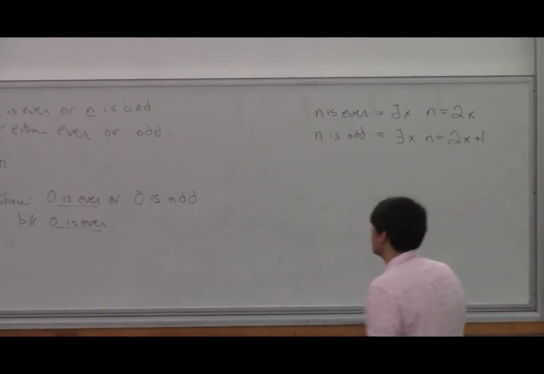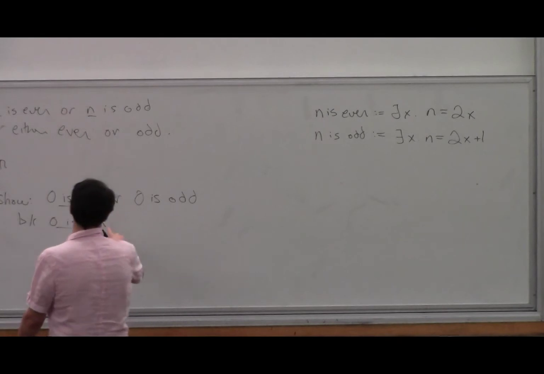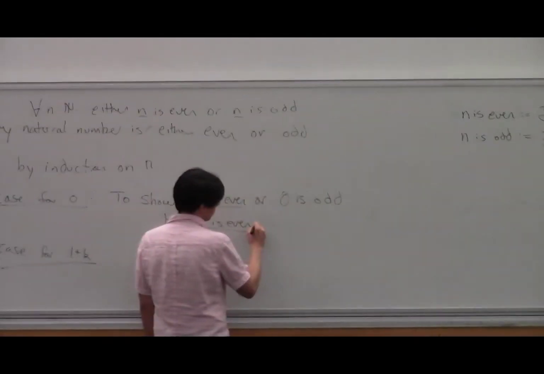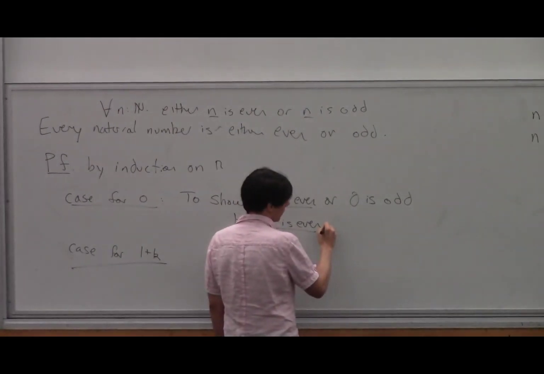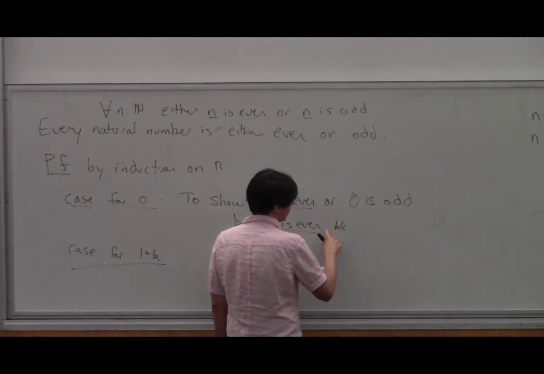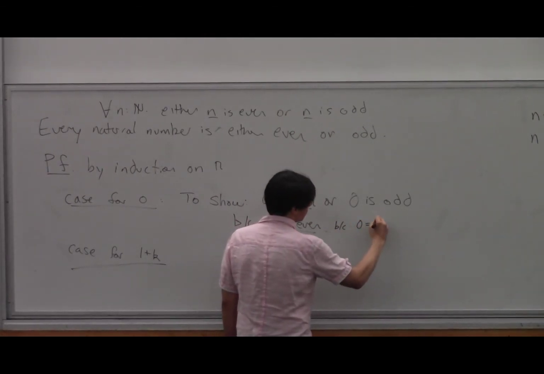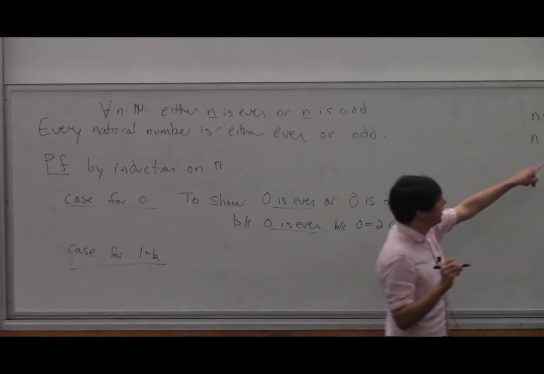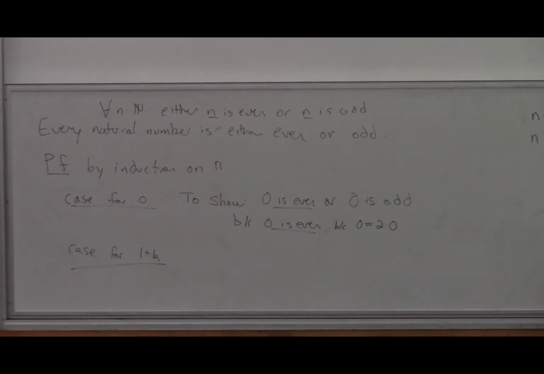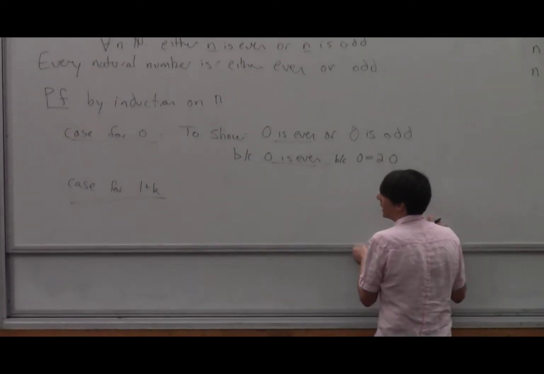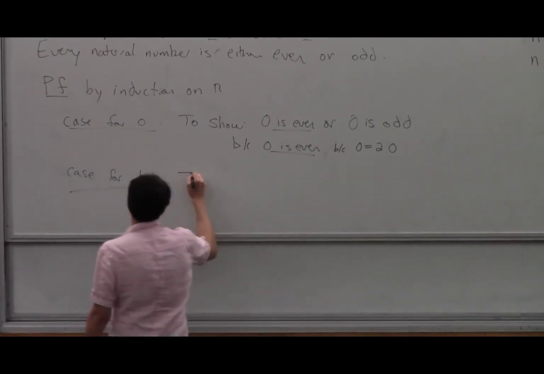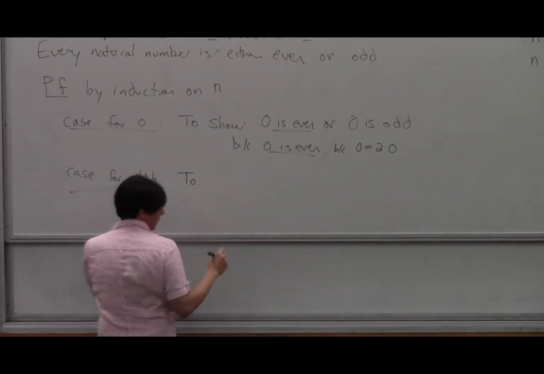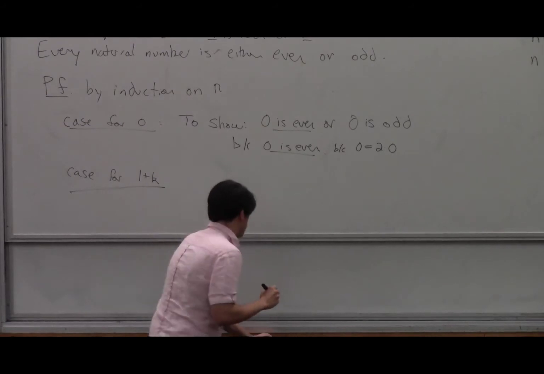And then how can we see that 0 is even? Because 0 is equal to 2 times 0. Therefore, there's some x such that 0 is equal to 2 times x. Okay? All right, what about the case for 1 plus k? What we need to show, actually, let me write it this way.